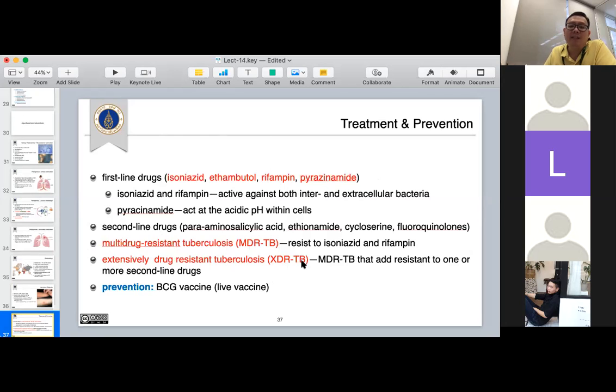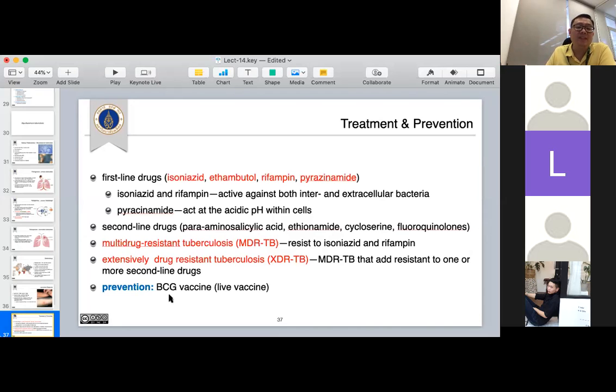That means MDR-TB that is also resistant to one of the second-line drugs. Then we call it XDR, because MDR-TB can still be killed with second-line drugs, but XDR-TB is very hard. You need to select drugs carefully.